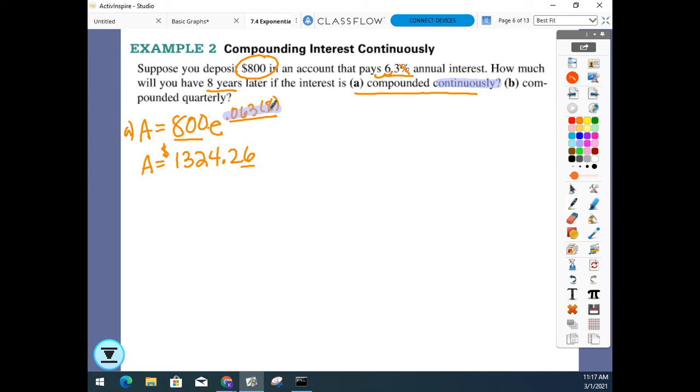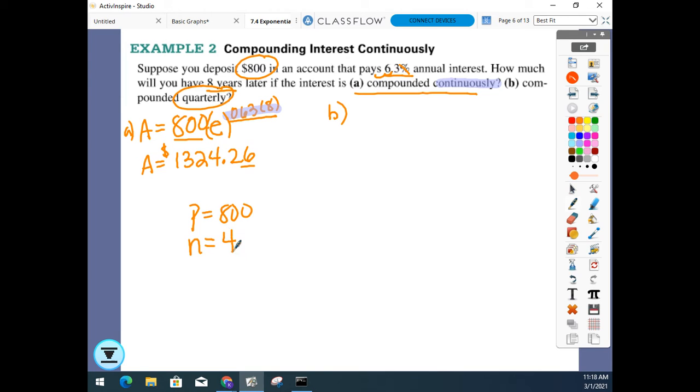All right, so B. What B does basically is just rearrange e. It's not e any longer. It's kind of more complicated. Now, because it's quarterly, let me just write this out. Our principal initial amount is 800. n is the number of times per year.